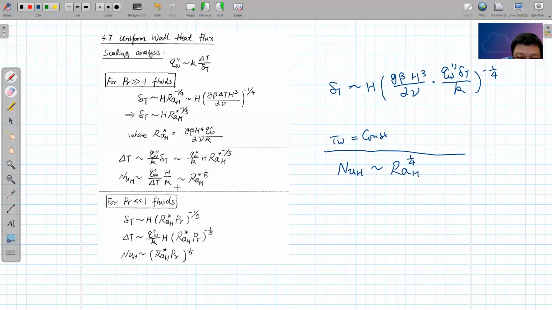Okay, so if you compare this one and this one, if q_w prime equals constant, you will see that the difference is that you change the definition of the Rayleigh number, and this power is changed from 1 over 4 to 1 over 5. Okay, so this is what the result looks like when you have uniform heat flux. So this is for Prandtl number much larger than 1.